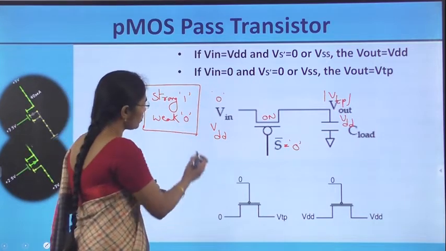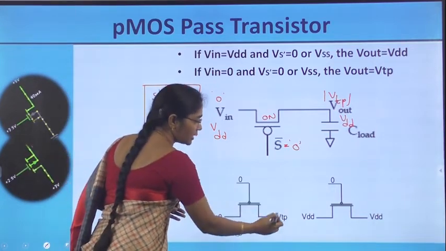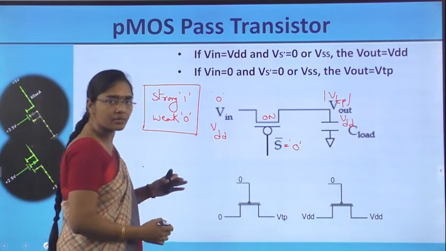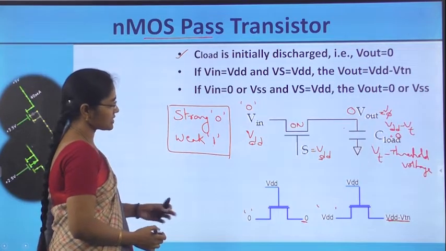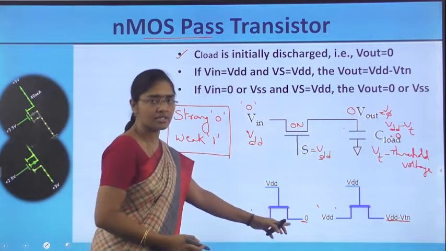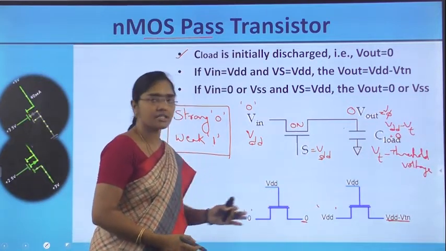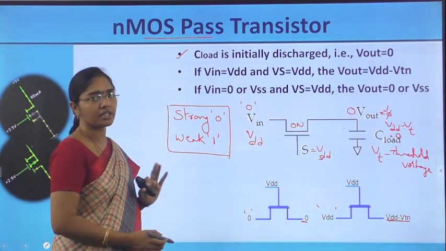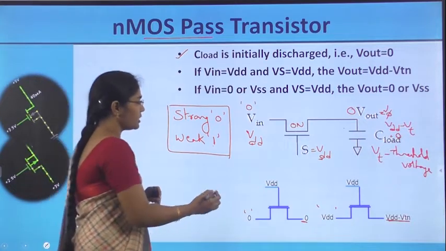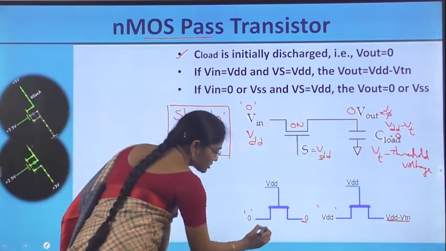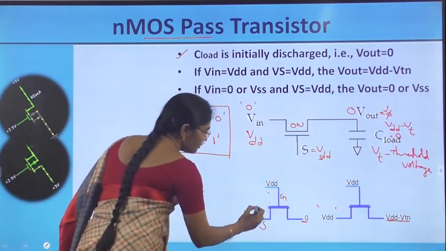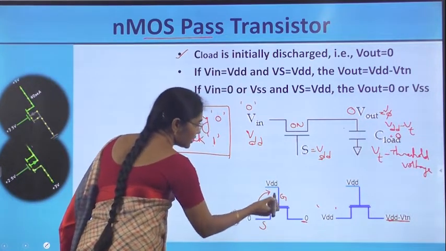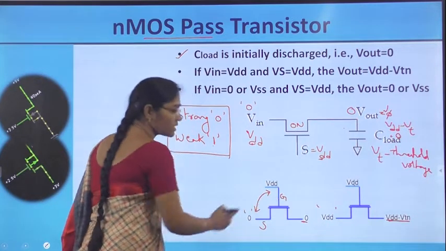Let us check why it comes as VTP and why it comes as VDD in the PMOS pass transistor, and in the NMOS pass transistor why it comes as 0 as it is, and VDD as VDD minus VTN. This is the source terminal always, and this is the gate terminal. VGS is nothing but the voltage difference between gate and source.